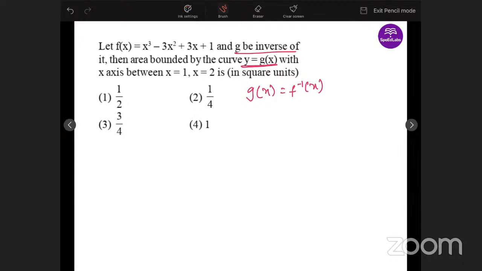Which question is it? Think for a second, you will understand, it is a very simple question. f of g of x is x, correct?